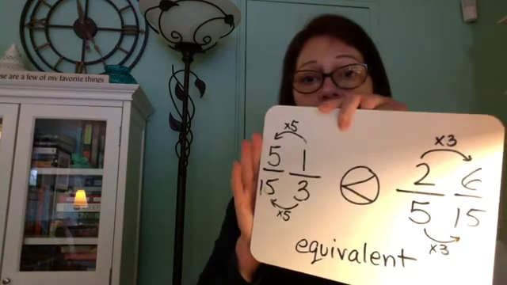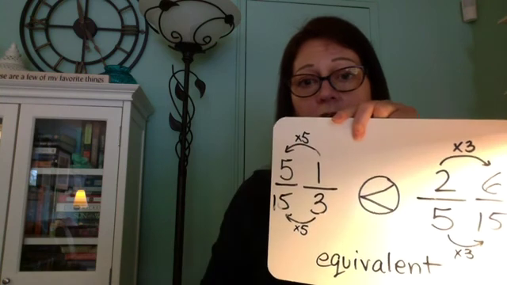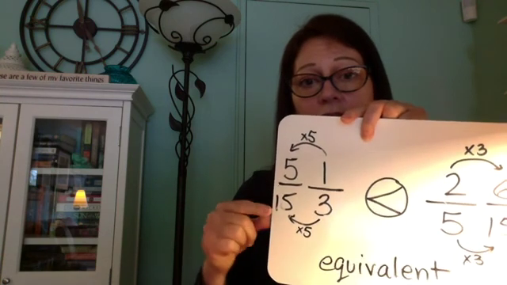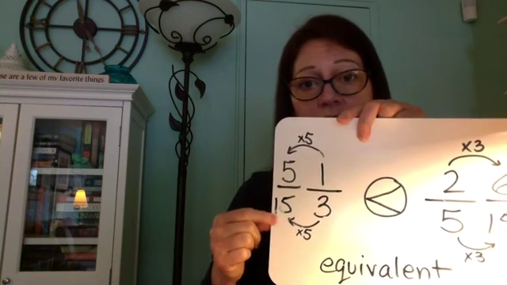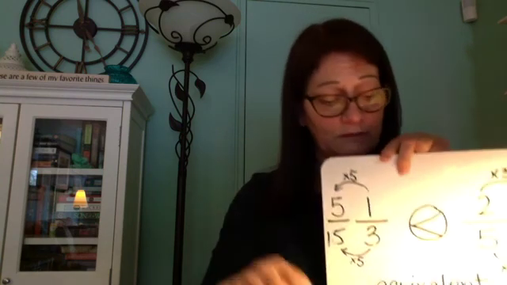So when you're comparing fractions, you can use what you've learned about finding equivalent fractions using multiplication to multiply the numerator and denominator, okay, by the same number, top and bottom, so that you can change the number of pieces and the size of the piece, and you find equivalent fractions.